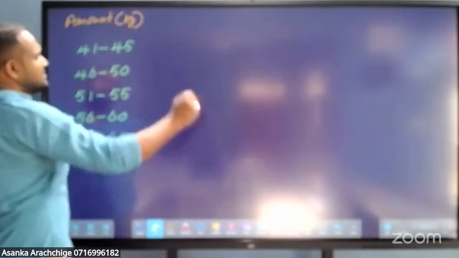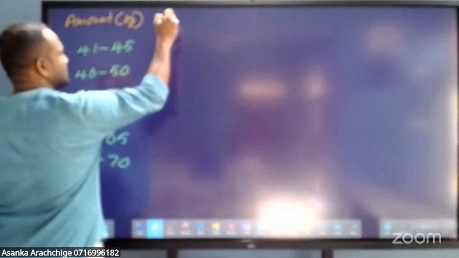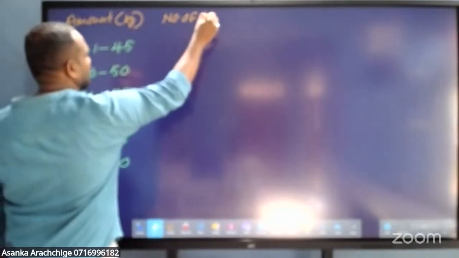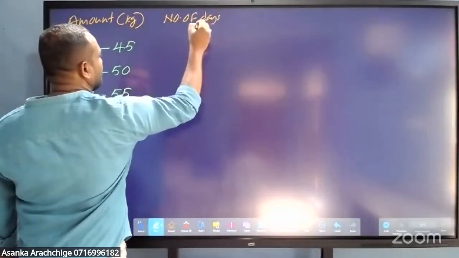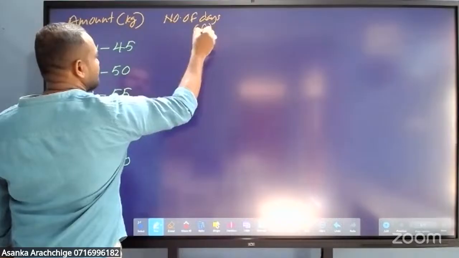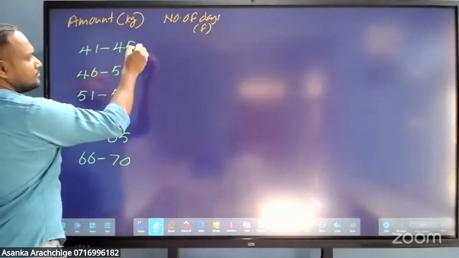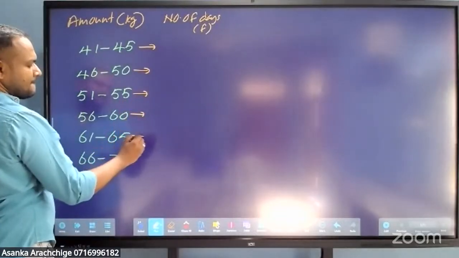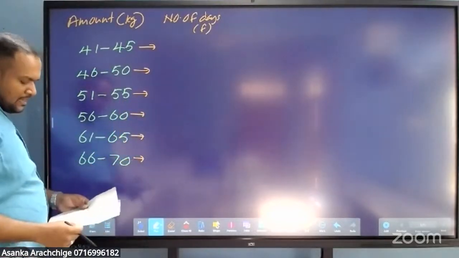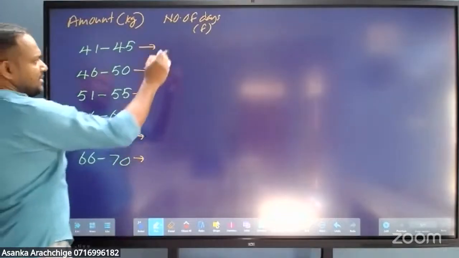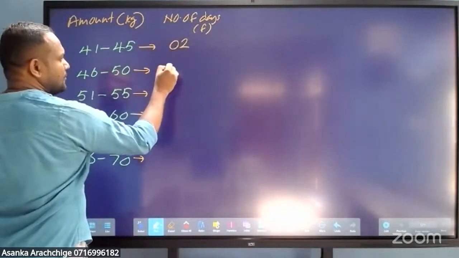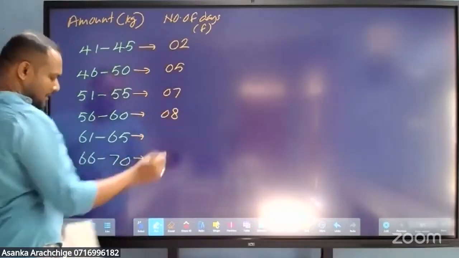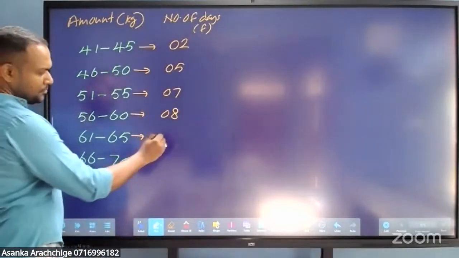The frequencies, number of days: 2, 5, 7, 8, 6, 2.